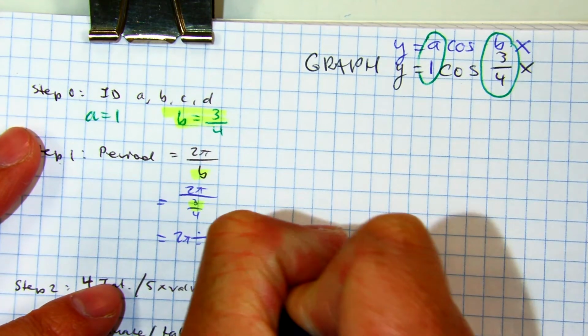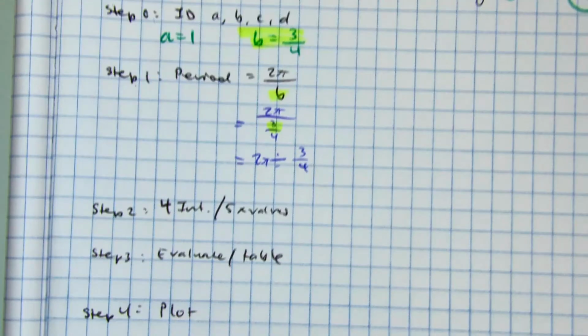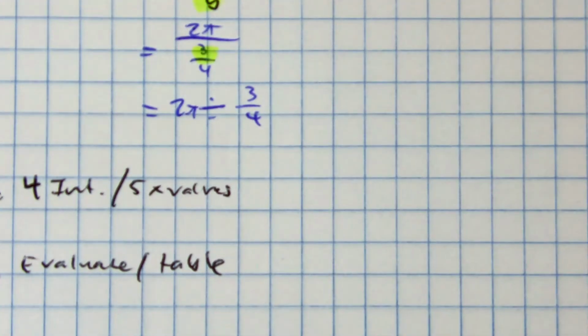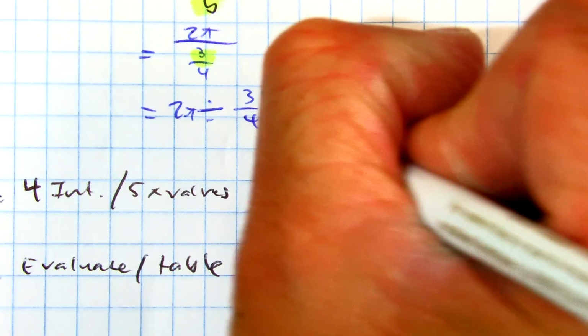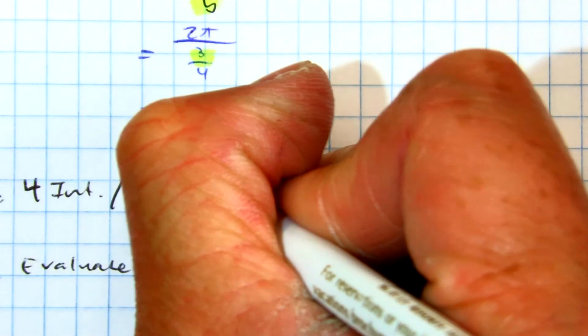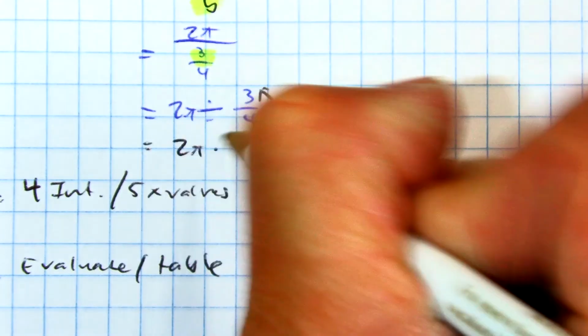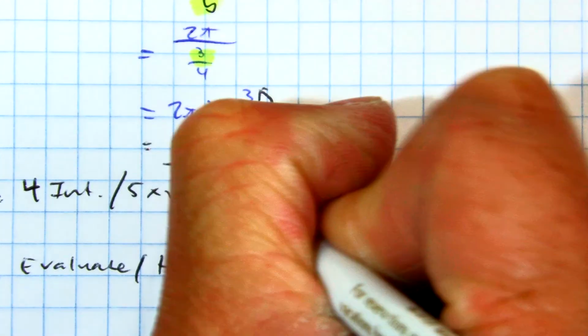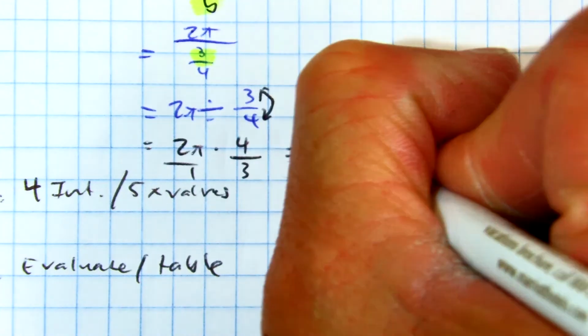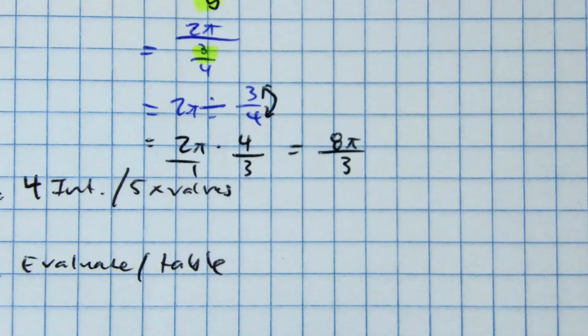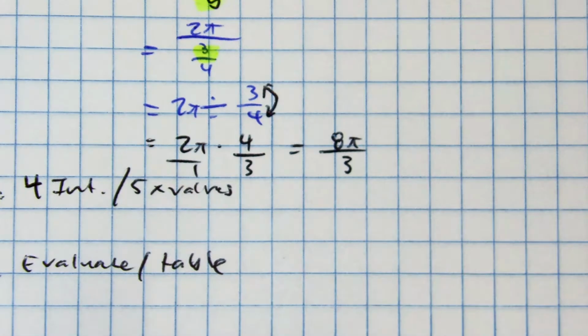Yep. Okay. Multiply 2 pi by 4 over 3, which is 8 pi over 3. Yep. Ooh, this is going to be nasty. Raise your hand if you got 8 pi over 3.